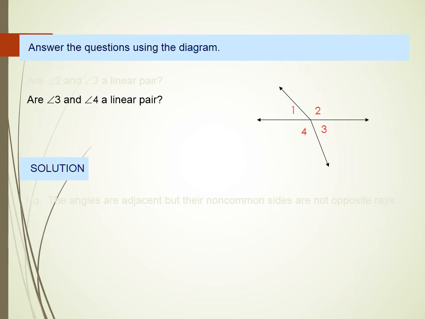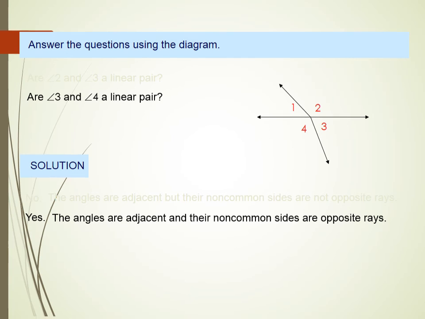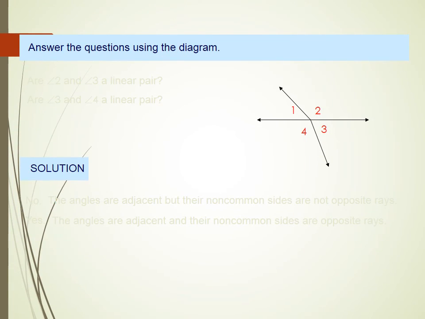Okay, next one. 3 and 4 are a linear pair. Yes! Notice it forms a straight line. If you get rid of that 1 and 2, it's easier to see. Are 1 and 3 vertical angles?